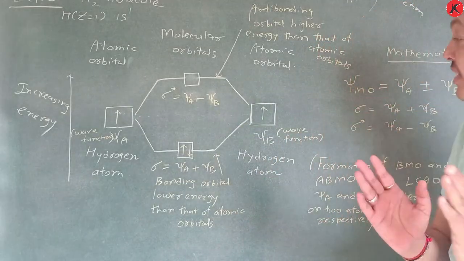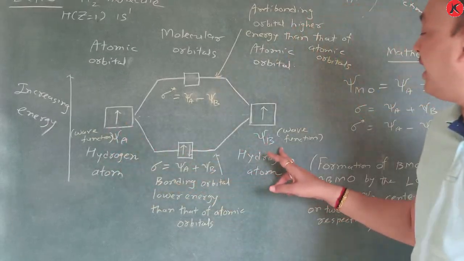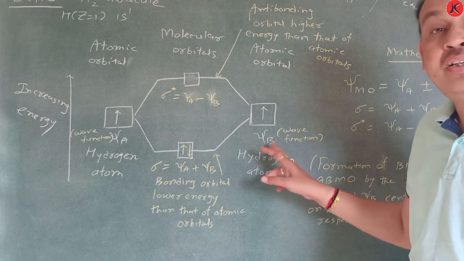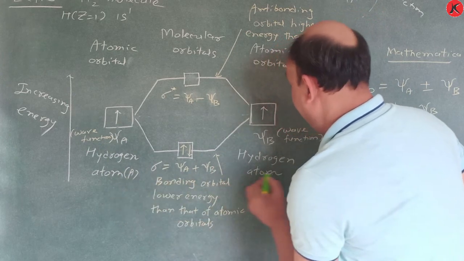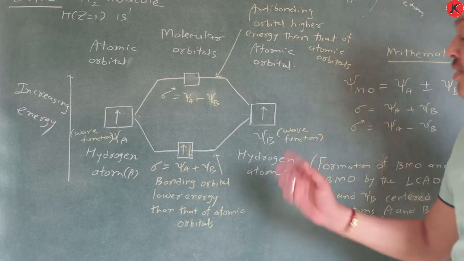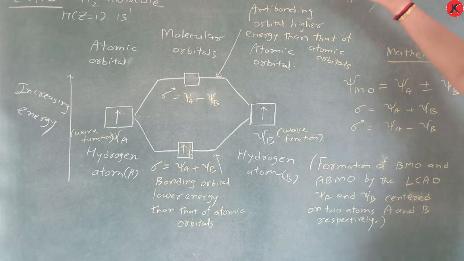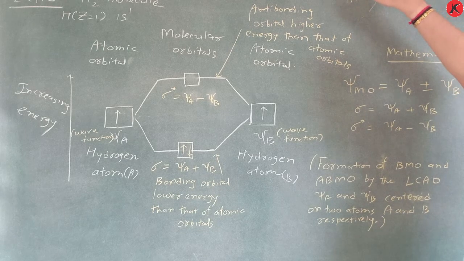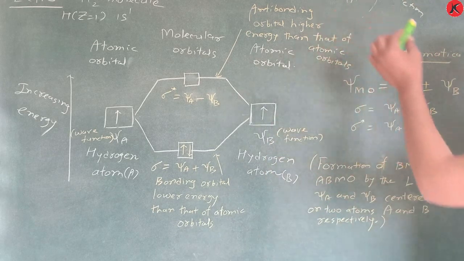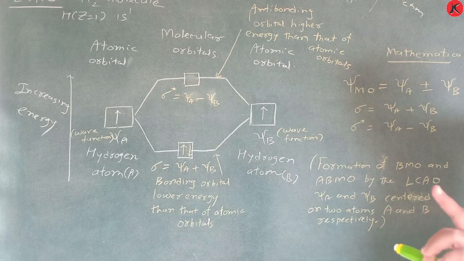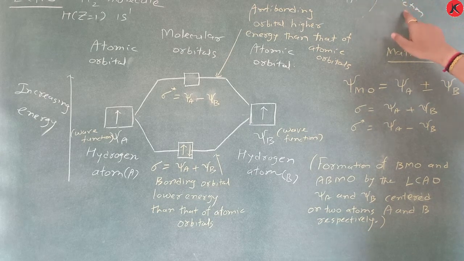This is known as the atomic orbital of the hydrogen atom, respectively A and B. I write A here and B here. Now the wave function, as I am explaining, is nothing but the distribution of the electron cloud. This amplitude is there, and according to that we measure the probability of finding an electron in an orbital. That you have to remember, and that is nothing but the wave function.